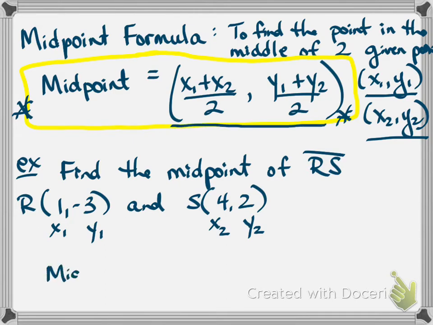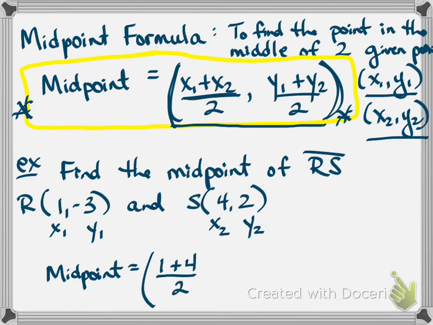So the midpoint is, reading the formula that I've boxed in yellow, x1 plus x2, so for us it's 1 plus 4, all over 2, comma, y1 plus y2, so for us it's -3 plus 2, all over 2.